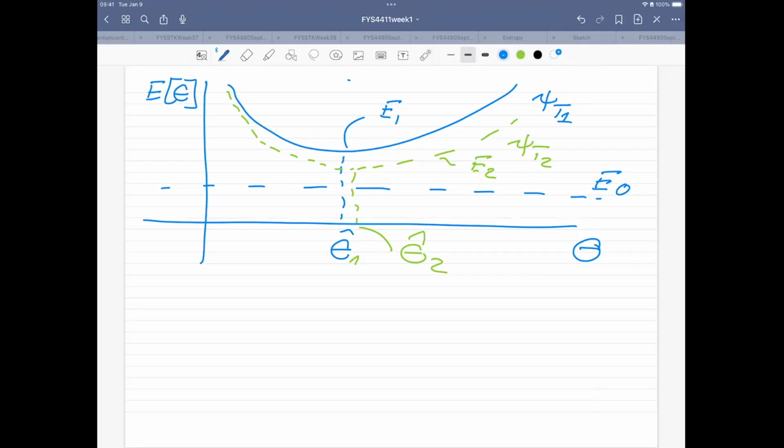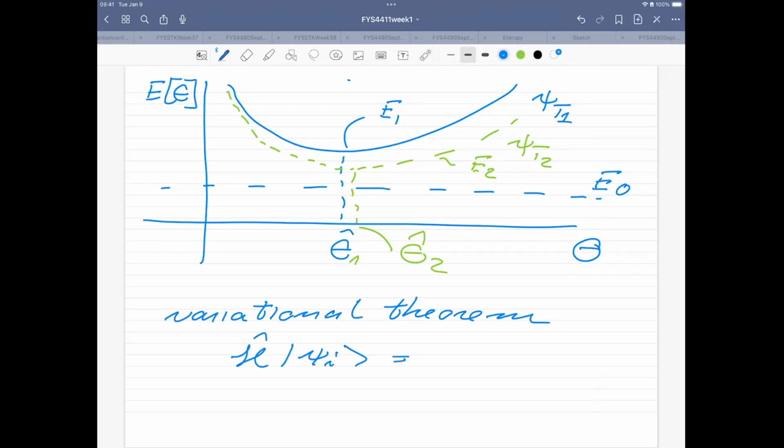So let me just quickly remind you of the variational theorem. The variational theorem states, suppose now that I have a Hamiltonian which acts on a state, and I use this standard Dirac notation, and this is the exact eigenstate and the exact eigenvalue.